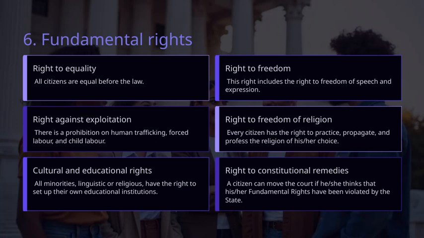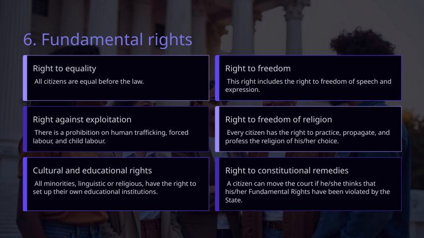Let's take a closer look at some of our fundamental rights, which are the backbone of our democracy. First, the right to equality ensures that all citizens are equal before the law, meaning no one should be discriminated against based on gender, caste, religion, or any other factor. Next, the right against exploitation is very important.